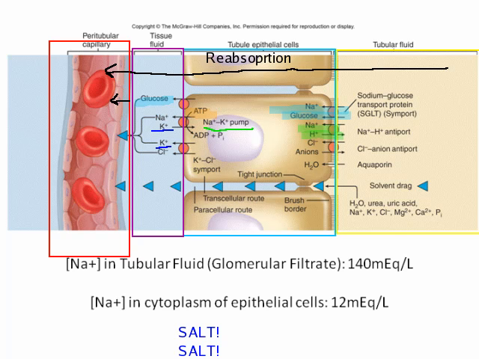Why is that important? That is important because we're creating an environment within the capillaries that has a higher concentration of salt, which is going to do what within that tubular filtrate?